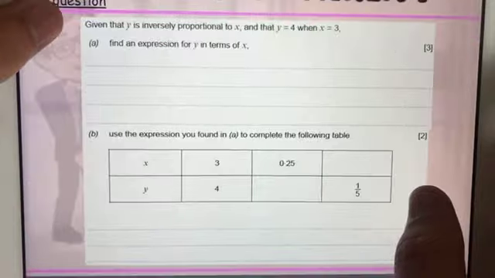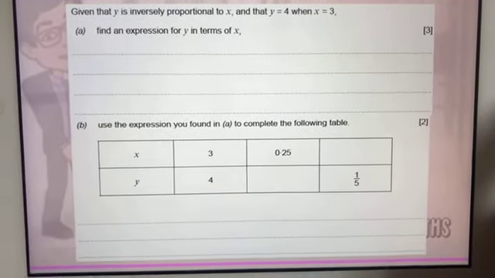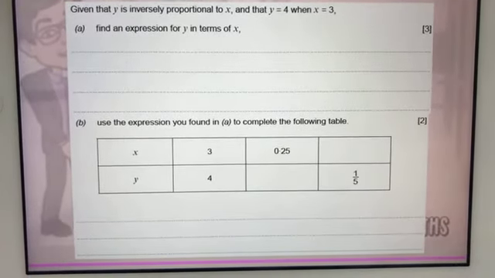Similar question. Have a go at this one for me, guys, and then I'm going to go through it in one minute's time. Definitely need to find my calculator for the next session.